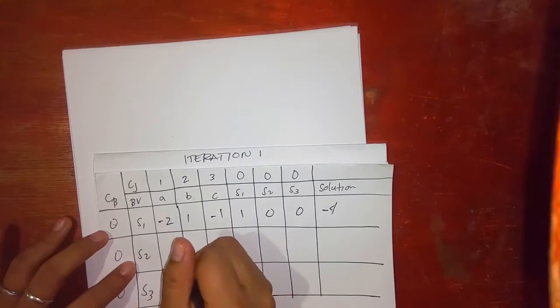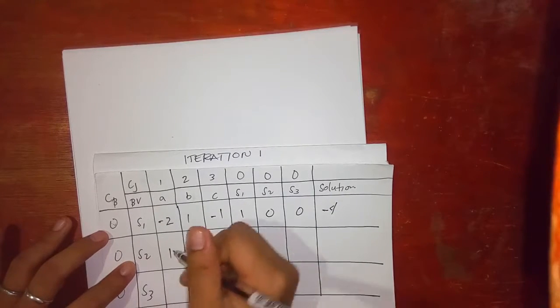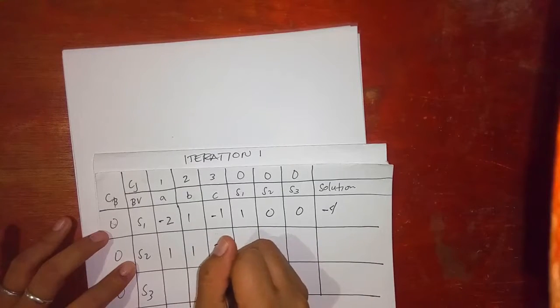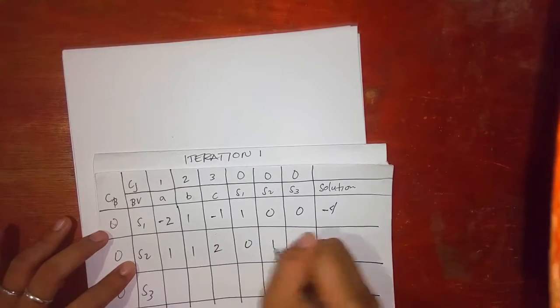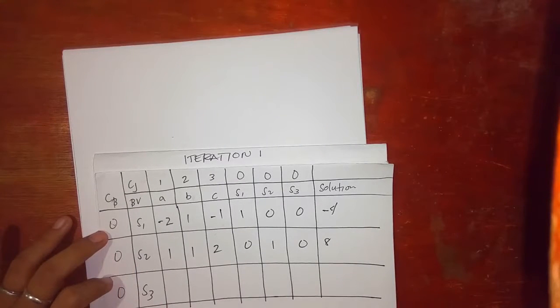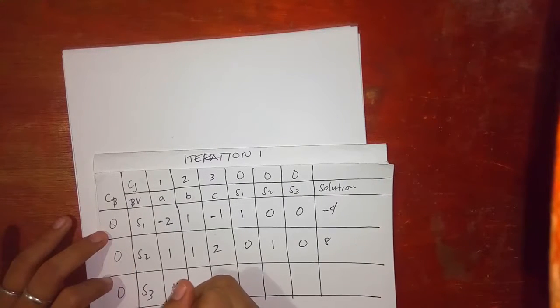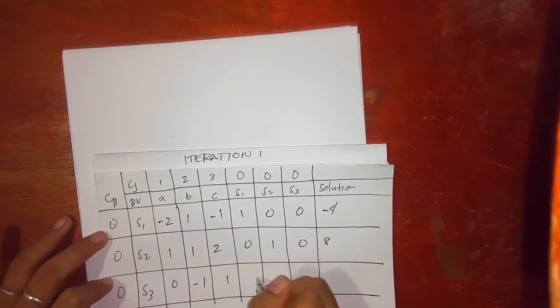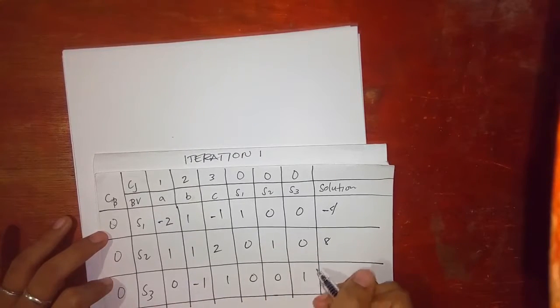Next, 1, 1, 2, 0, 1, 0, equal to 8. We put 0 since we don't have a value of a. Then 0, negative 1, 1, 0, 0, 1 equal to negative 2.